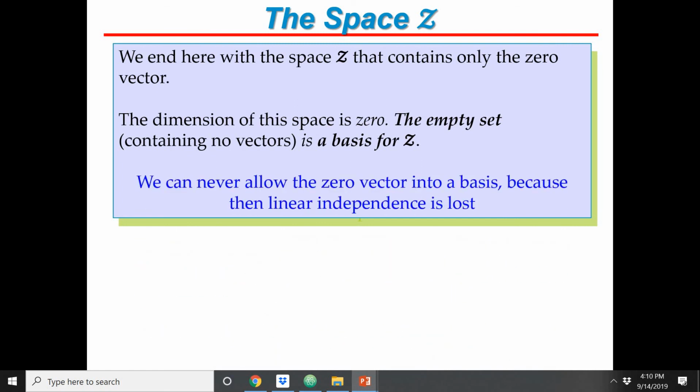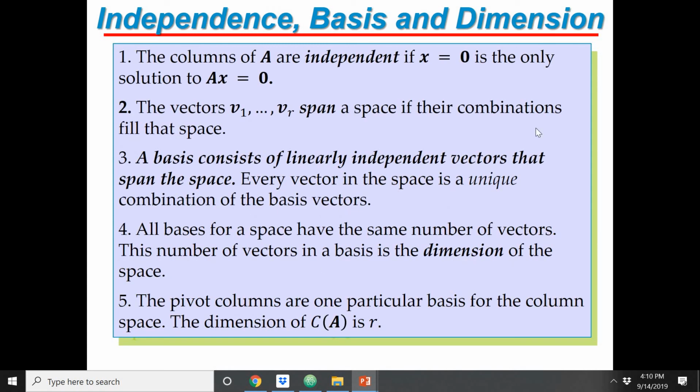So we are finishing up, and we talked about independence. We affiliated that with the null space problem. We discussed a set of vectors spanning a space, and also a set of vectors forming a basis for a space. So they have to be linearly independent. They need to be able to generate by linear combinations any arbitrary vector in that space. We define the dimension of a space as the number of elements in a basis of that space.